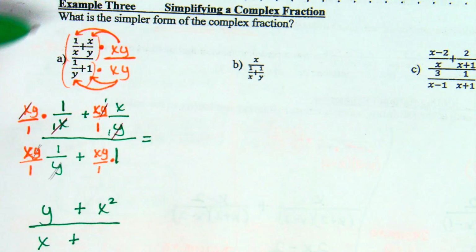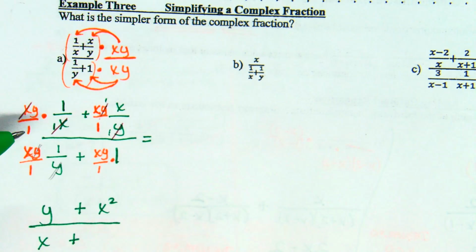Plus. Now in this last part, it was xy times 1. I put it over 1 out of habit here, but is there anything to worry about canceling? No. I mean, if you want 1 to be a fraction, it's 1 over 1 if you want to go there, but don't overthink this. What is xy times 1? xy, because when you multiply by 1, it stays the same, right?